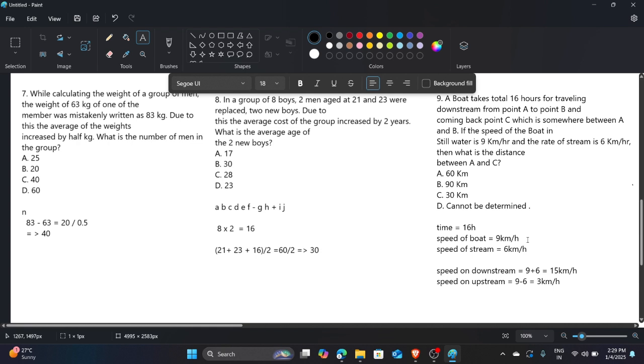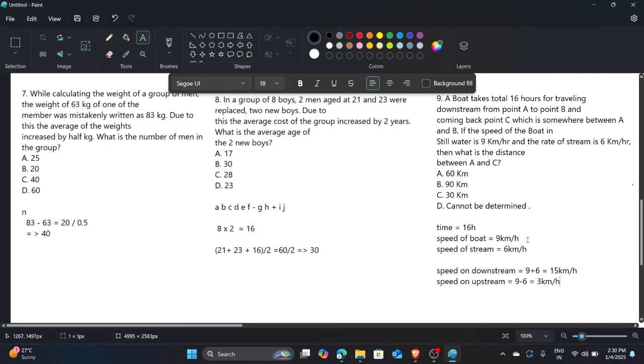Okay, it means that a boat takes a total of 16 hours to travel downstream from point A to B and come back to C. So what is the distance between A and C?